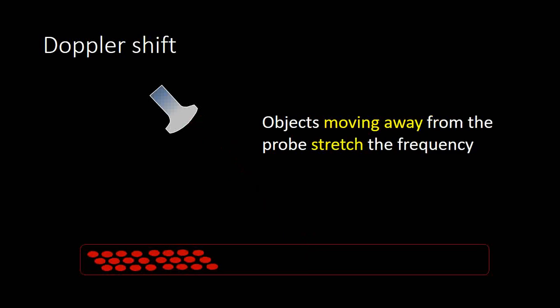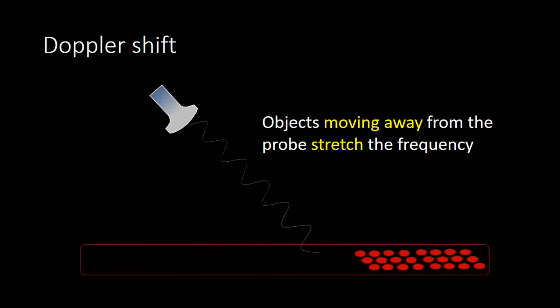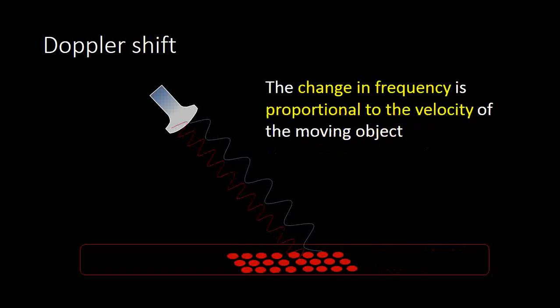Objects that move away from the probe, when they encounter an ultrasound beam, stretch that frequency or make the frequency lower, and again the Doppler ultrasound detects that shift in frequency and is able to calculate the velocity of the moving objects.